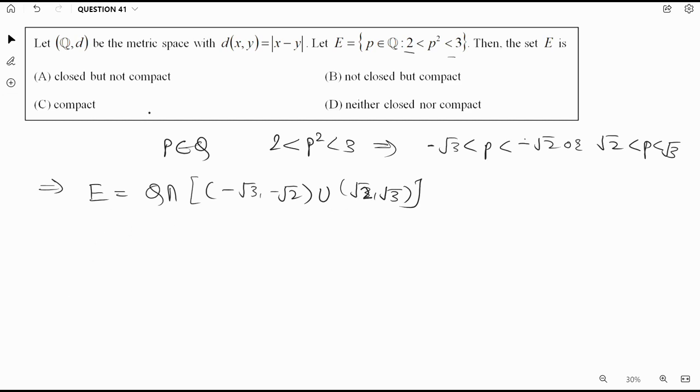Okay, now we have to find out if E is closed. For that we have one theorem in metric space.